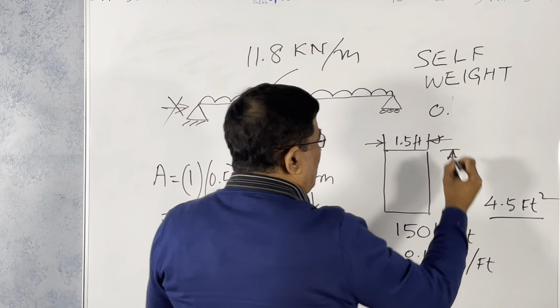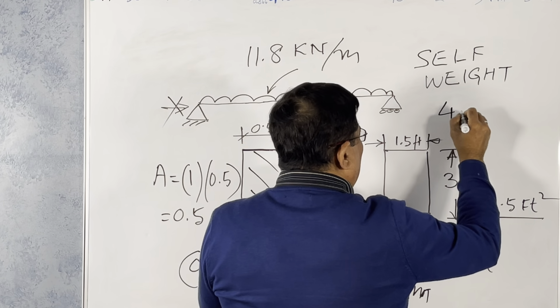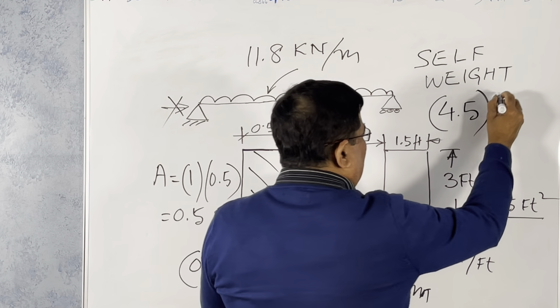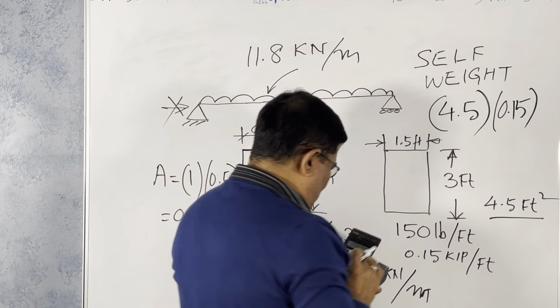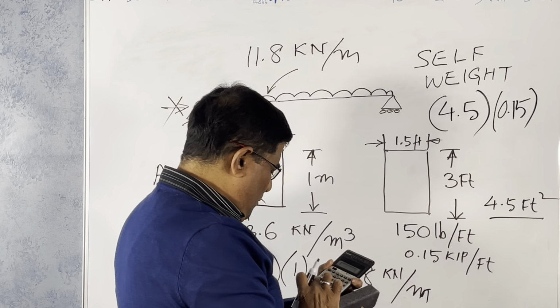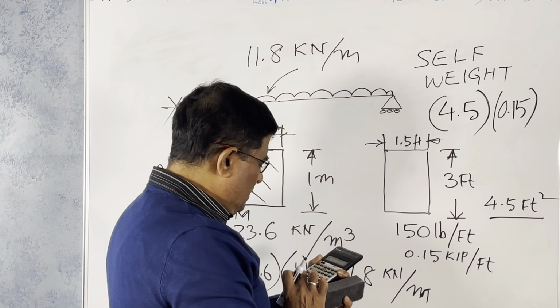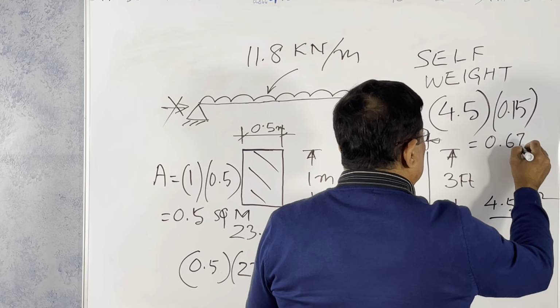This area is 4.5 times 0.15. This will be 4.5 times 0.15, which is 0.675.